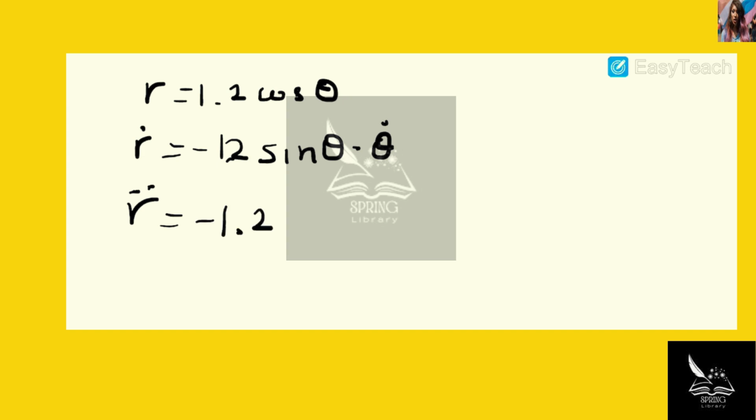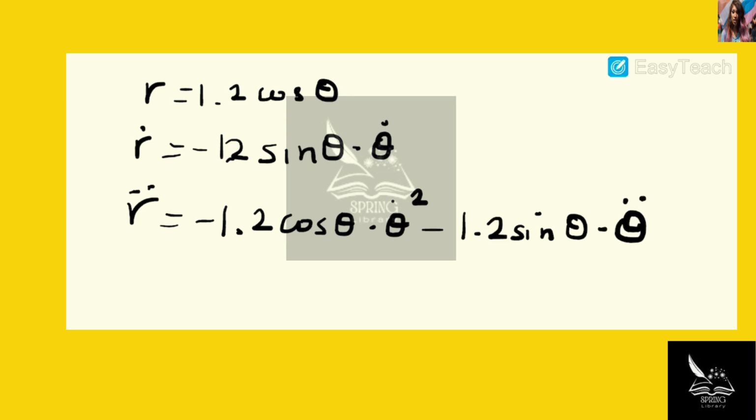Therefore, r dot is equal to negative 1.2 sine theta times theta dot. And then r double dot is equal to negative 1.2 cosine theta times theta dot squared minus 1.2 sine theta times theta double dot.